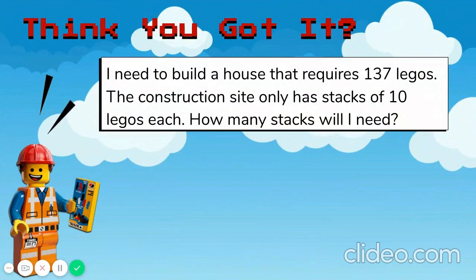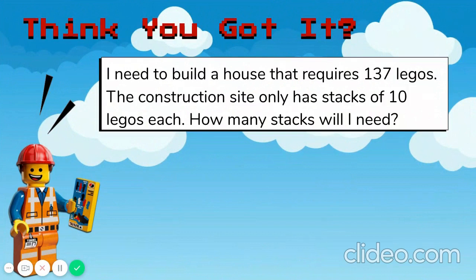Or else I might leave out a random door, maybe a floor part won't be there, or something like that. And of course, that's just weird. I can't have that inside of a house. So instead, how many stacks of 10 Legos will I need to get at least 137 Legos?